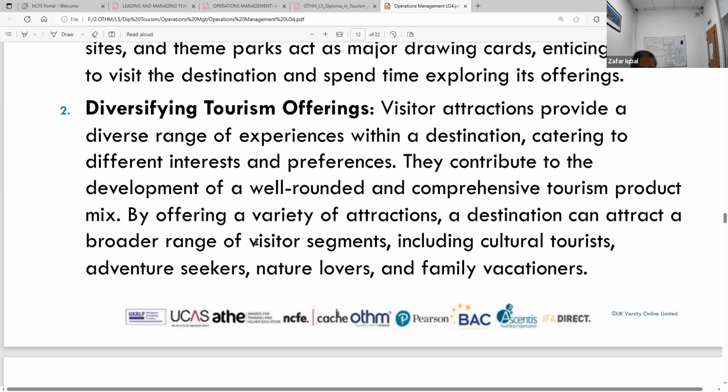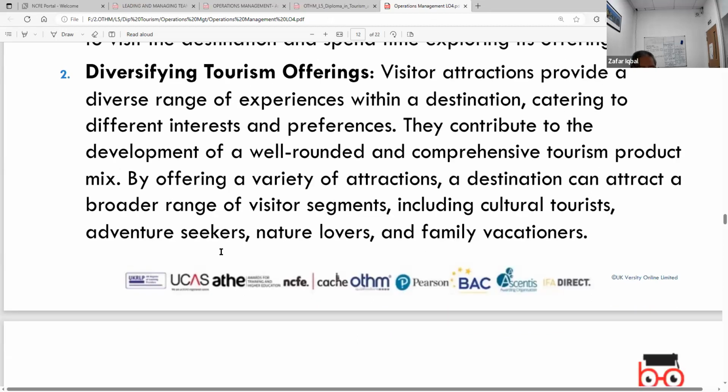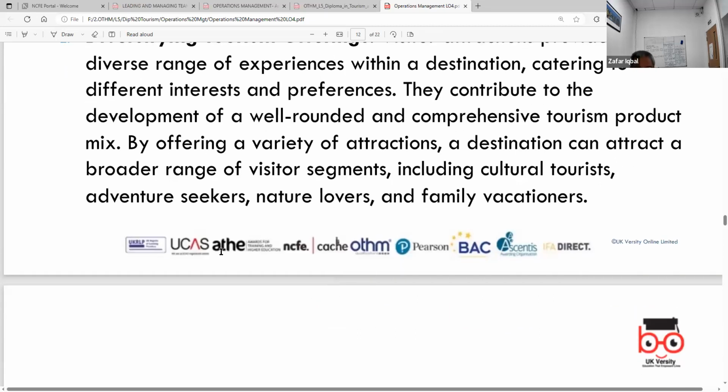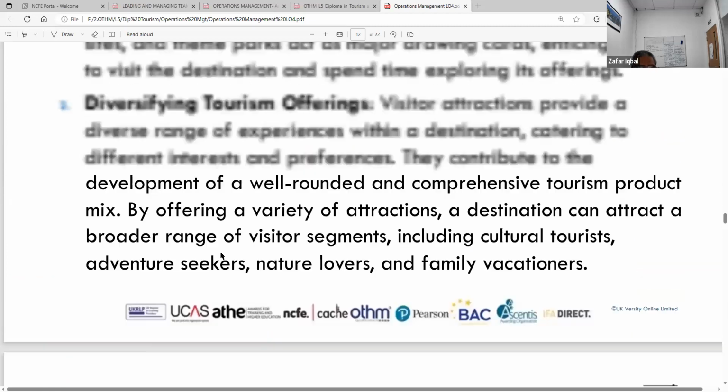If you diversify your tourism offering, you're offering a range of experiences for different people so that they can come and enjoy. By offering a variety of attractions, you can attract many different segments of the market, depending on the background of visitors.